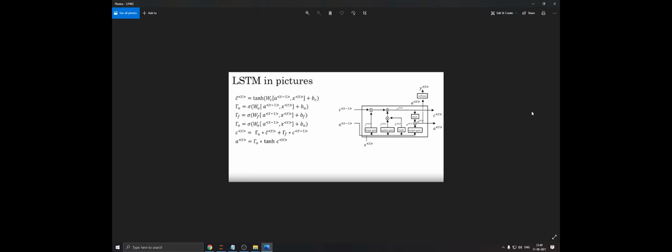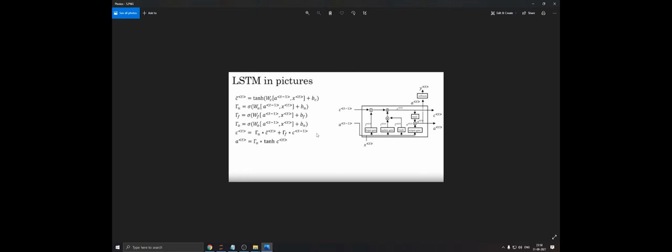And computation wise, LSTMs are more computationally expensive than GRUs, as we are calculating a lot of values here. And the big difference between GRU and LSTM is that the LSTM maintains memory for a long period of time. So as we can see here, LSTM is a lot more complex than GRU.